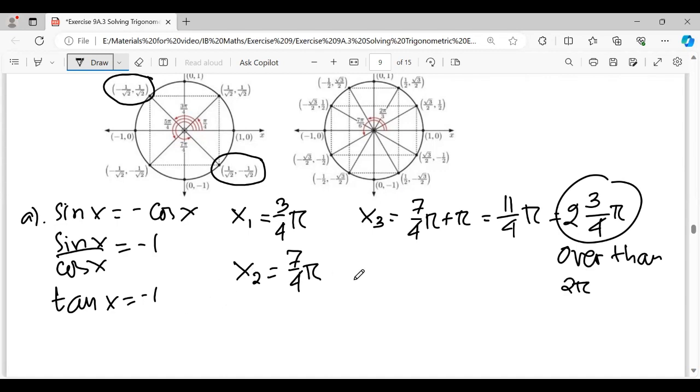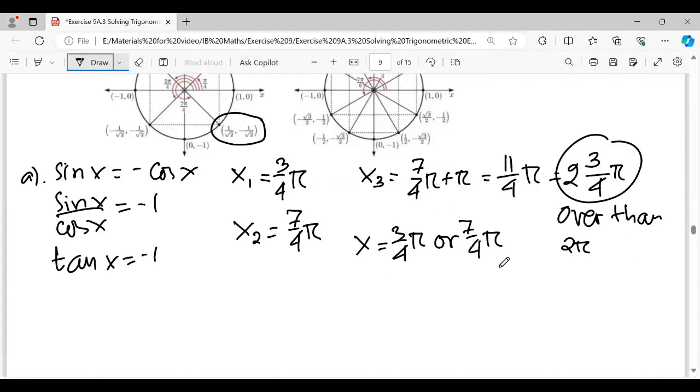So x is just 3 over 4 pi or 7 over 4 pi.